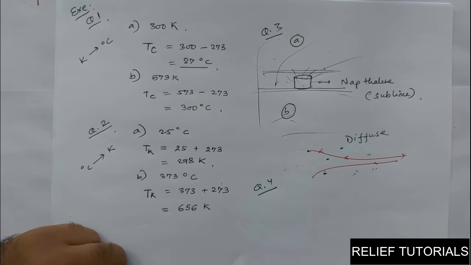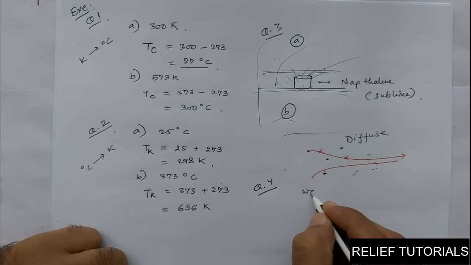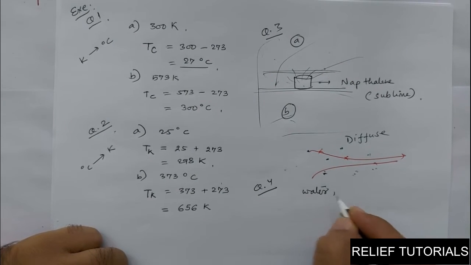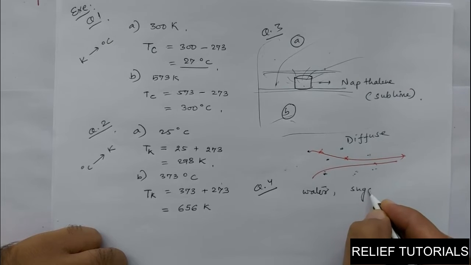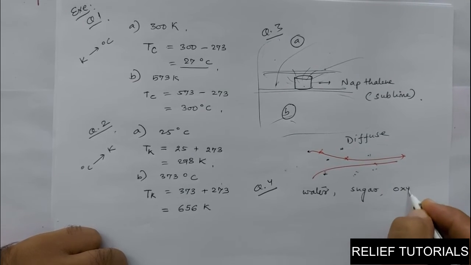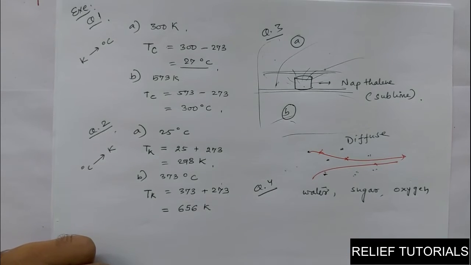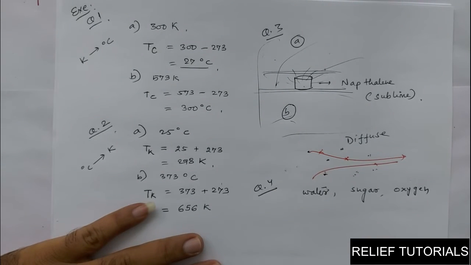Question number 4, arrange the following substances in increasing order of forces of attraction between the particles. 3 substances are given: water, sugar and oxygen. You have to arrange them in the increasing order of intermolecular force.